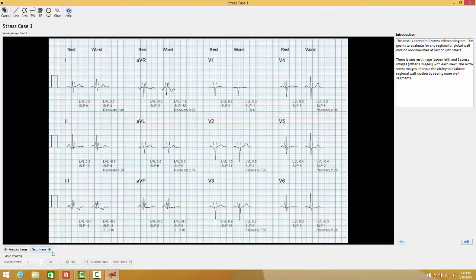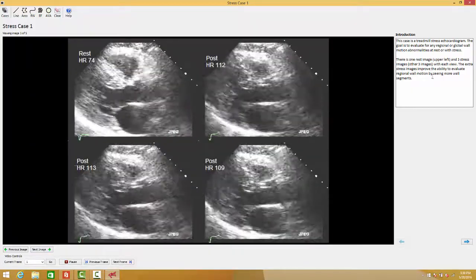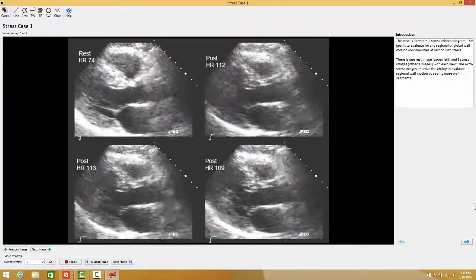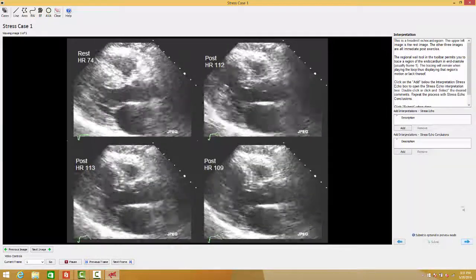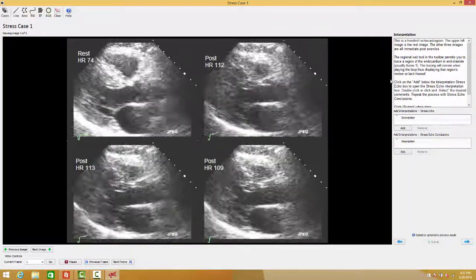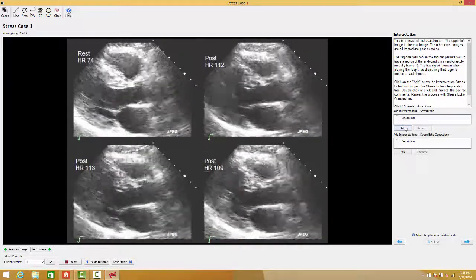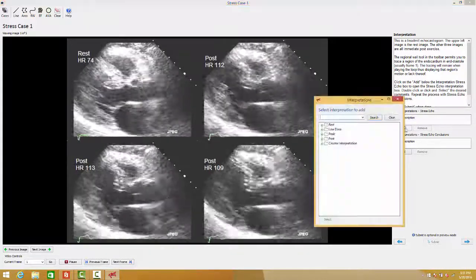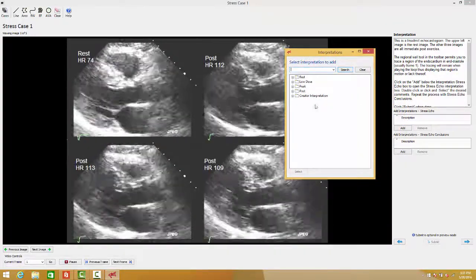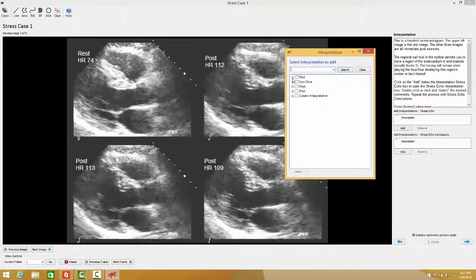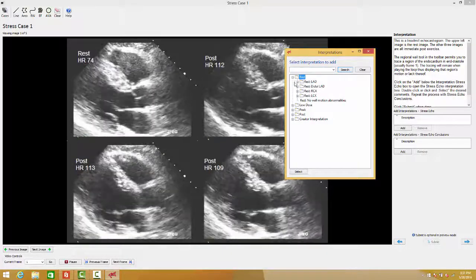So, the instructions are to make an interpretation, and it's looking at the stress program, and we look at it here, it wants to know how we felt about these walls. So at rest, everything looked pretty good.